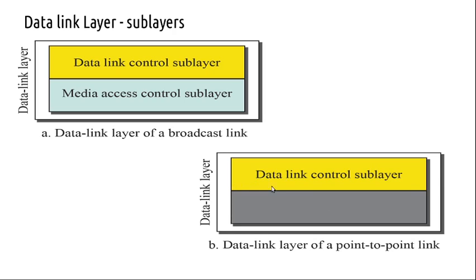Only the other functionalities have a role: flow control, error control, and framing. We'll elaborate on these in the subsequent lectures. For the time being, be aware that there are two sublayers in the Datalink layer, the medium access control sublayer and the Datalink control sublayer.